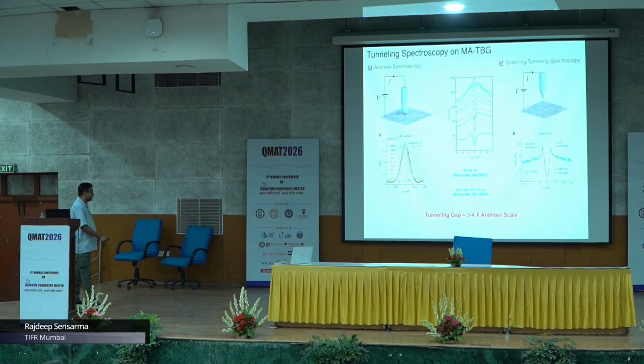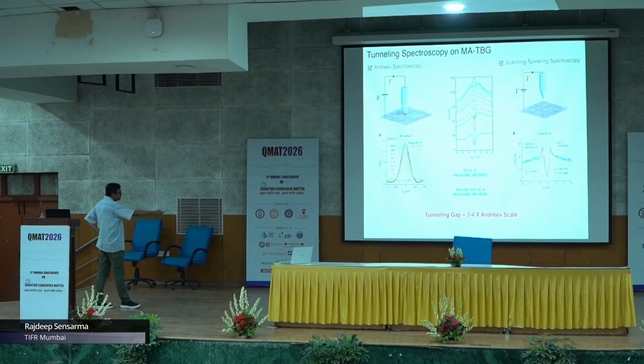Now, by fitting all of this, people can extract a gap scale from the Andreev data and a gap scale from the tunneling data. And when they look at it, they see that the tunneling gap is 3 to 4 times that of the gap you extract from the Andreev scale. And this is a puzzle because in a weak coupling BCS type superconductivity, those scales must be the same. Okay, there's no way you can get a different scale from that.